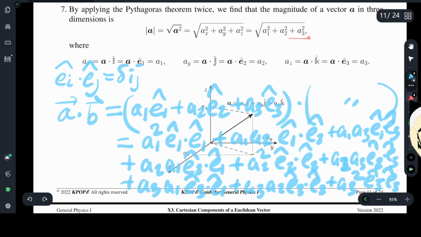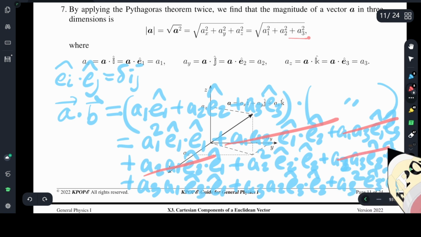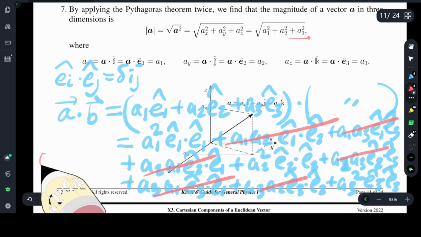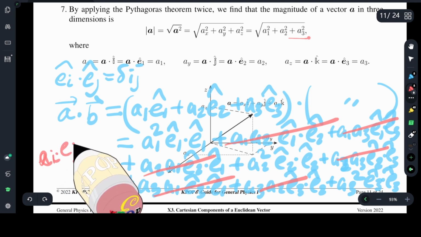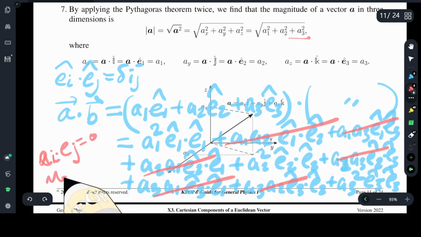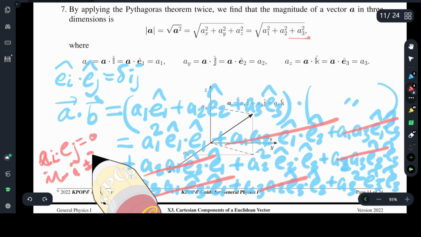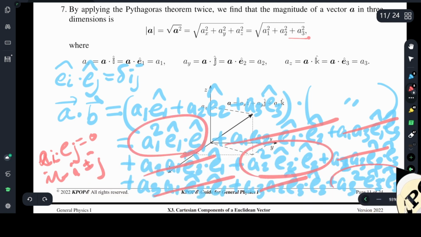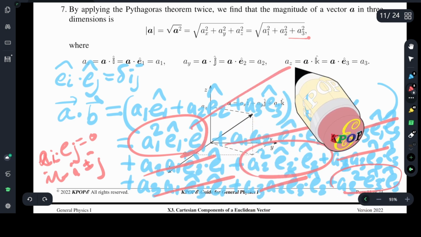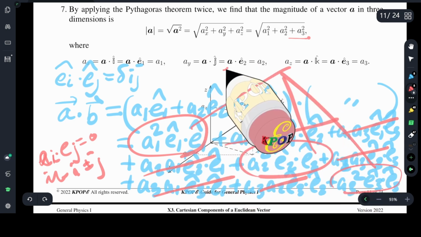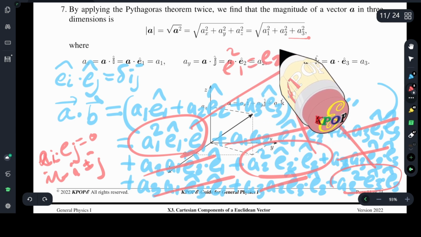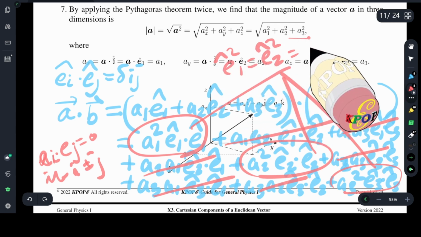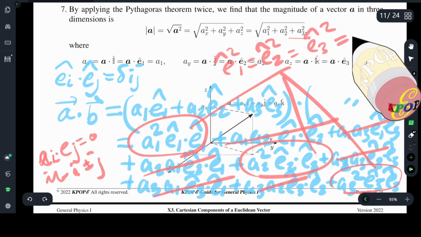There are 9 terms, however, everything disappeared because ei dot ej equals 0 if i is not equal to j. So the only surviving terms are these 3, and these 3 have e1 squared, e2 squared, and e3 squared, which are all 1.